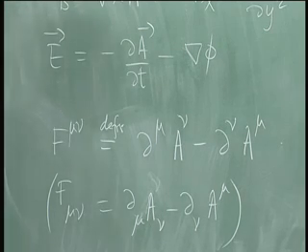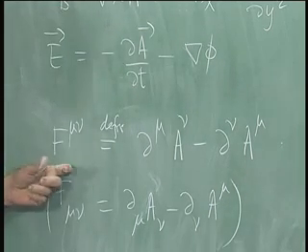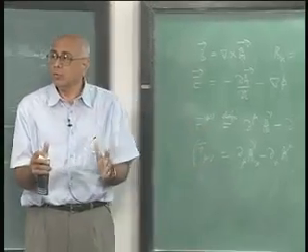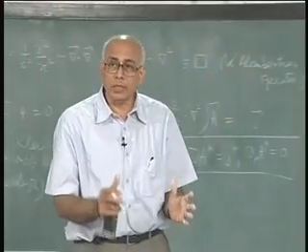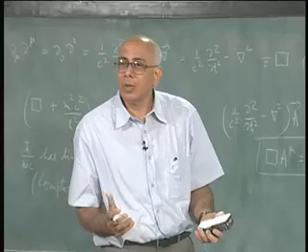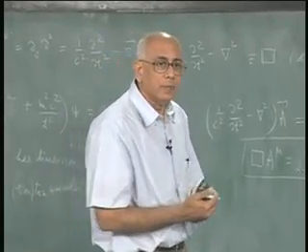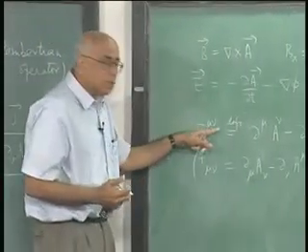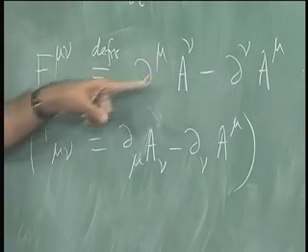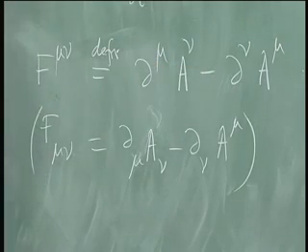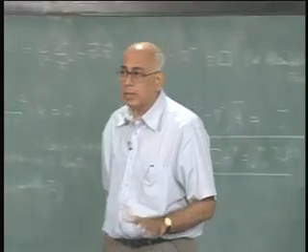I want you to show that this F mu nu, which is a rank 2, 4 by 4, 4-dimensional tensor, has how many independent components? Well, since mu and nu to start with run 0, 1, 2, 3, there are 16 components here, but many of them are 0, the diagonal ones are all 0.